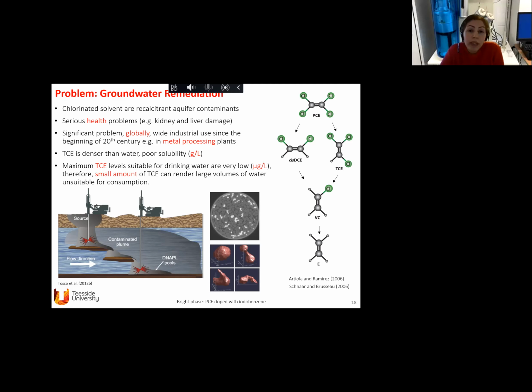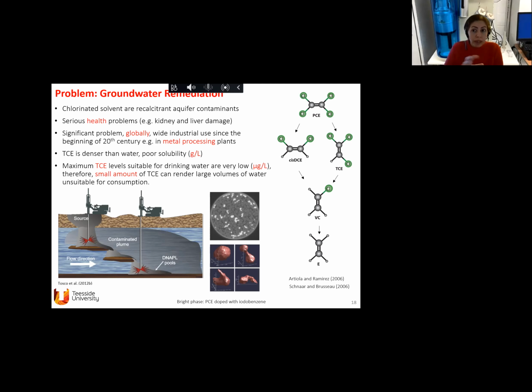So these are really significant problems and a global problem, because they have been used in many countries over many decades. Now we don't use them anymore, so we recognize the fact that they should not be used at this scale. But the damage is already done.